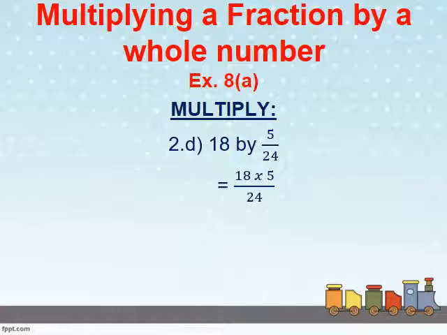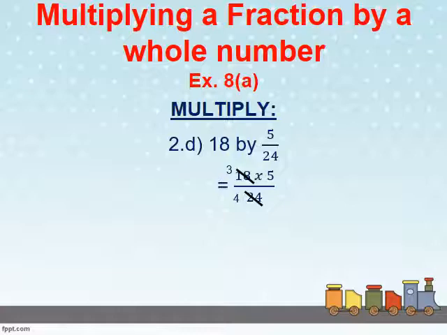Now children, we can reduce this fraction, and how? Well, we can divide 18 in the numerator and 24 in the denominator by common number 6. So 18 divided by 6 is equal to 3, and 24 divided by 6 is equal to 4.